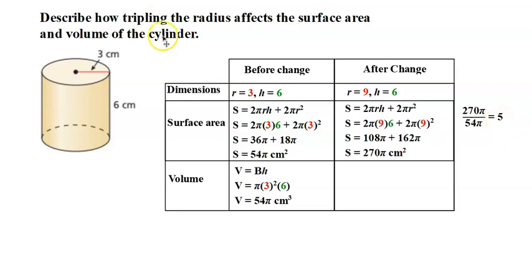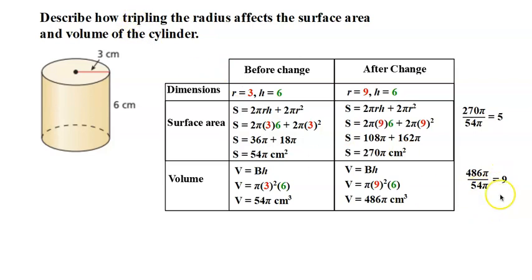All right, so that does not seem to be following much of a pattern there. Let's see, volume, still base times height. So we have pi r squared h, which r is 9 now, and that gives me 486 pi. So let's take a look at that ratio, and that comes out to 9.